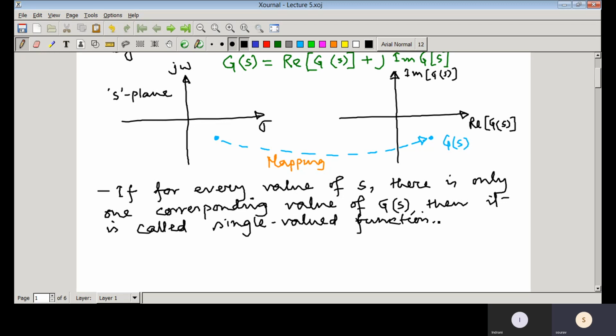Now, if we consider the reverse mapping, that means whenever you take a point here, and we would like to go back to the S plane, and if the mapping from the G(s) plane to the S plane is also single valued, then it is called one-to-one mapping.